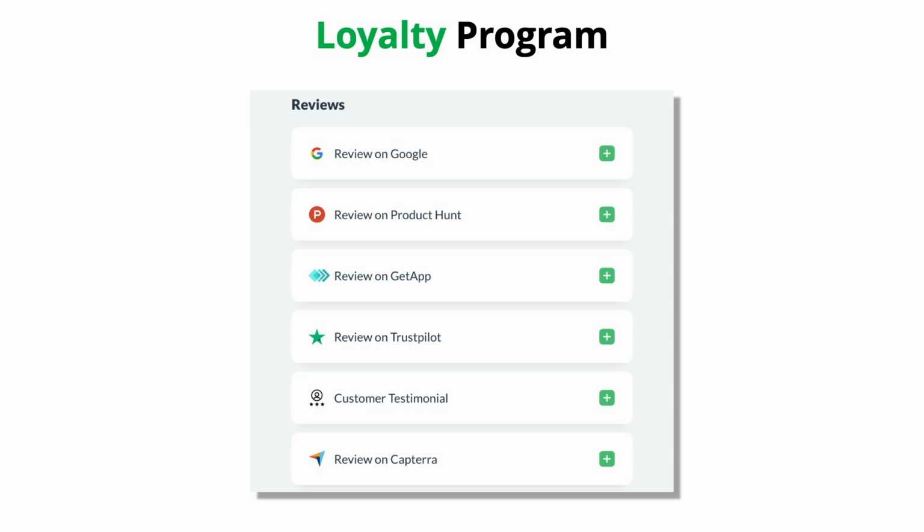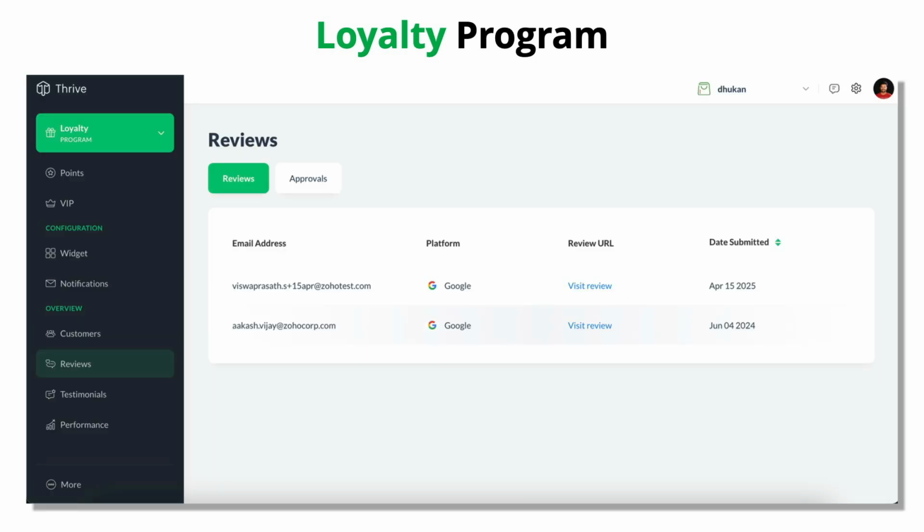Once you do that, as a business owner, you want to make sure that this person has given the right review so that you can reward them with the right loyalty points. As an admin, you can review all the loyalty scores that you got. Once you approve it, the loyalty points will be credited, added to their billing, and they can even redeem it on the next purchase.